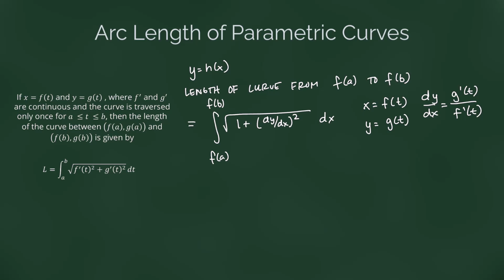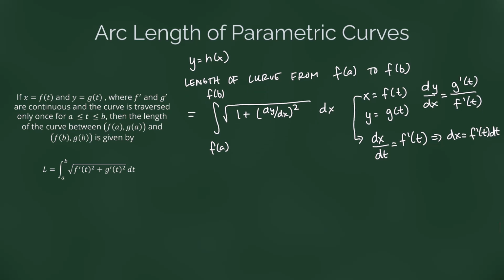It also tells us that dx dt is f prime of t, so that dx is the same thing as f prime of t dt. So we can do some replacement here. We know that f of a and f of b belonged to x.